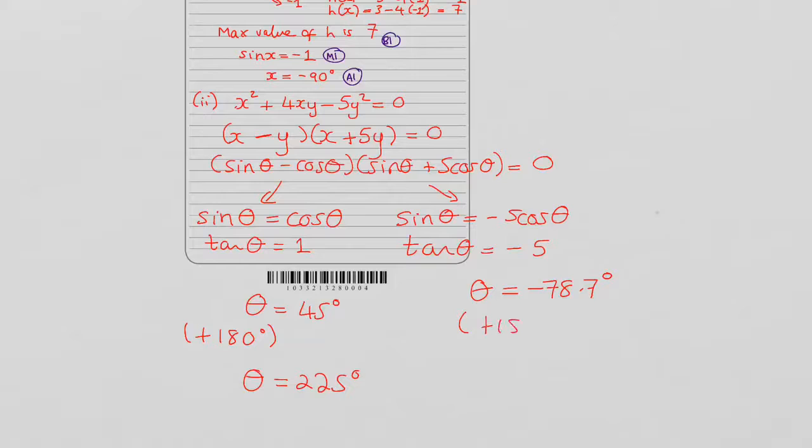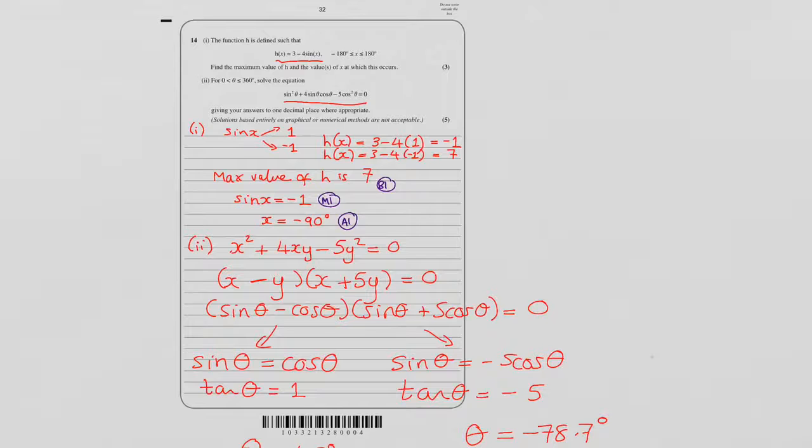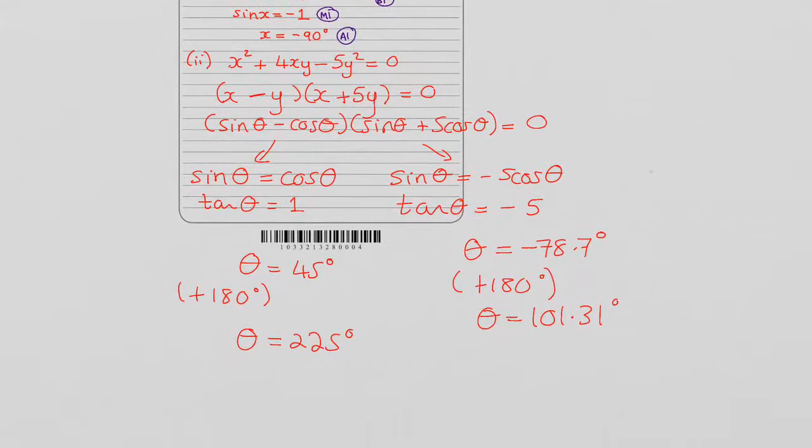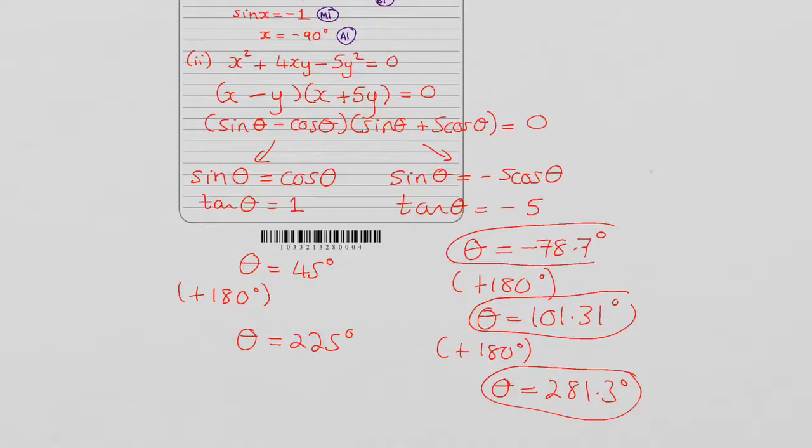I'm going to add on 180 and I get theta could be 101.31. But also if I look back at the original question, I'm looking at theta up to 360, so I can go a little bit further here. So I'm going to add 180 again, and I get theta equals 281.3.